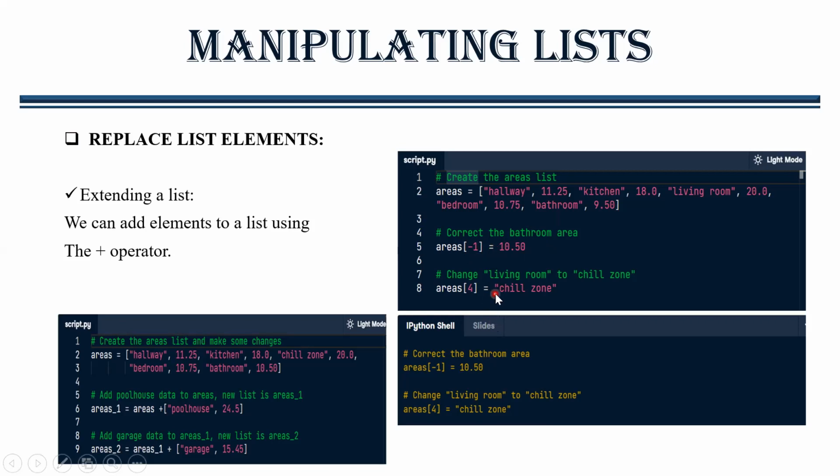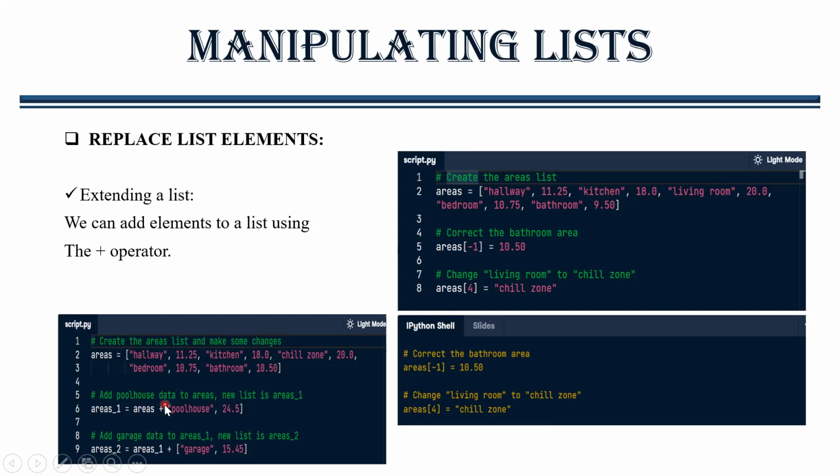If we want to change a string of the list, we simply select or subset the area, which is area 4, which equals living room, and we will assign it a new value, which is chill zone. Similarly, if we want to extend a list, we simply use the plus operator.